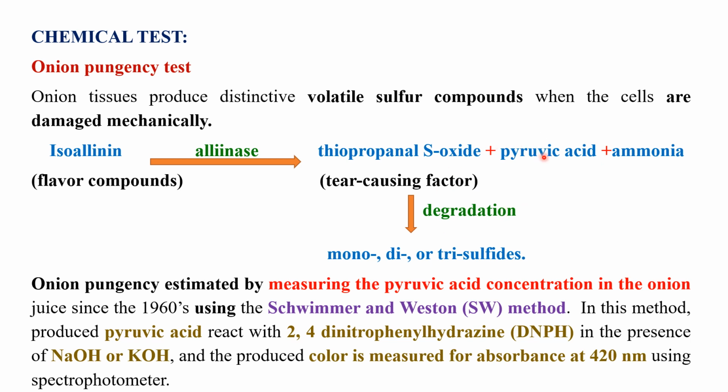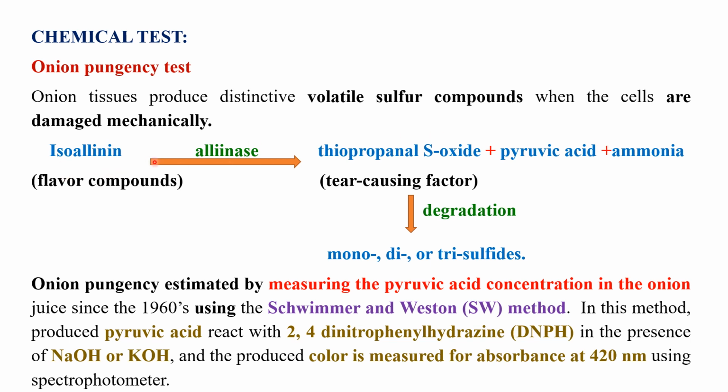Here we also make use of the produced pyruvic acid for quality control testing of onion pulp or onion powder. A good onion contains a good amount of isoalliin and other organosulfur compounds.